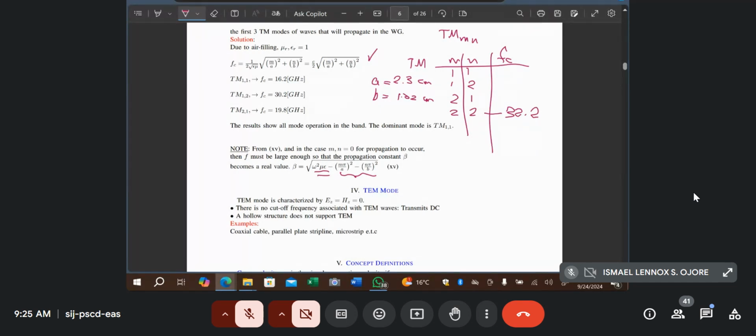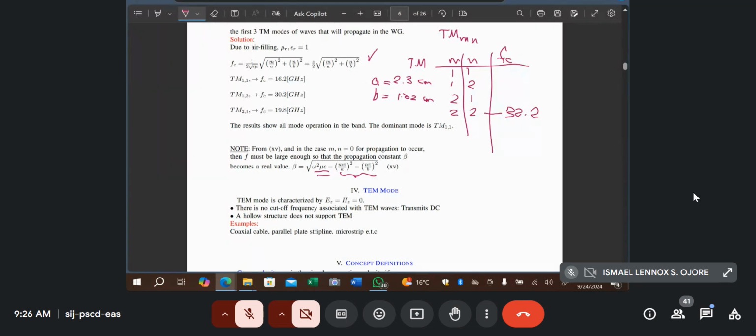So you need at least 2 separate conductors to achieve TEM waves. So you can have a coaxial cable or a parallel plate or a strip line or a microstrip, which you can use on PCBs. Some of them are very small. It's not something you see physically like the waveguides that go to the antennas in the BTS.